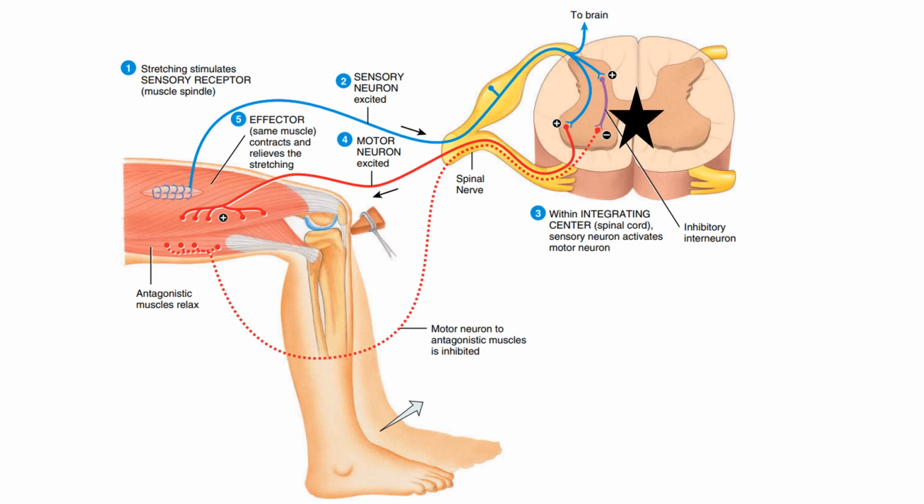So when this muscle contracts, the opposite muscle or the antagonist muscle should relax. This is one of the most common examples of what we call reciprocal inhibition, which is another type of neuronal circuit.